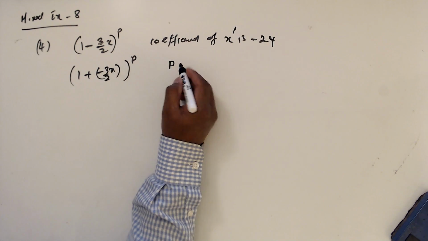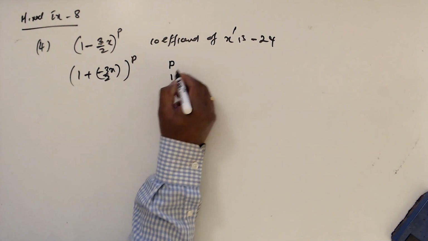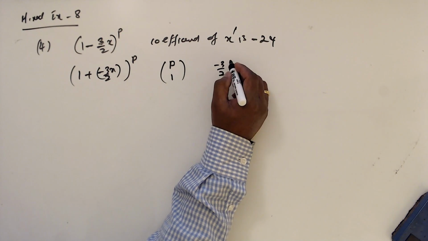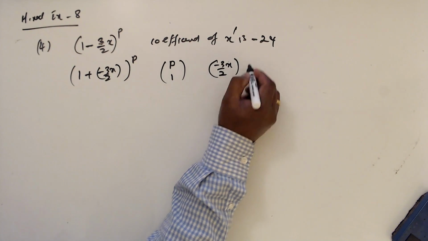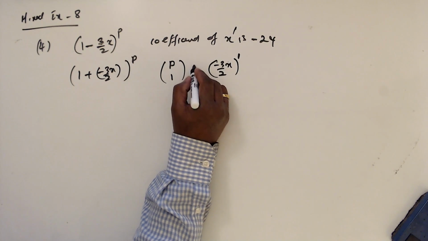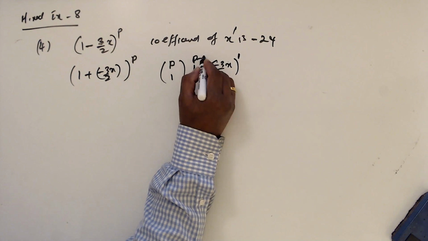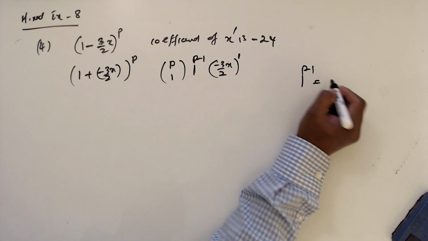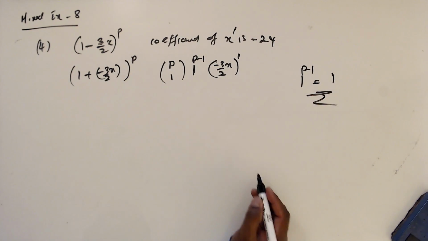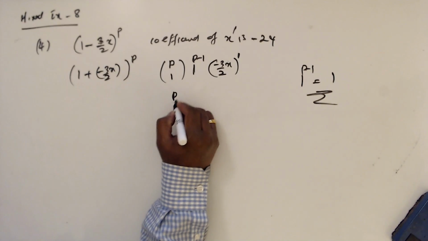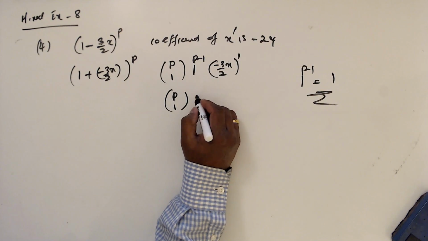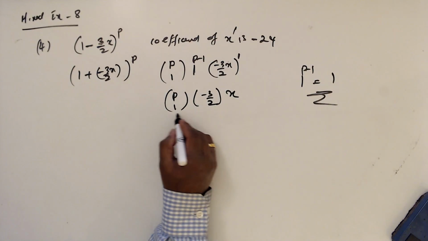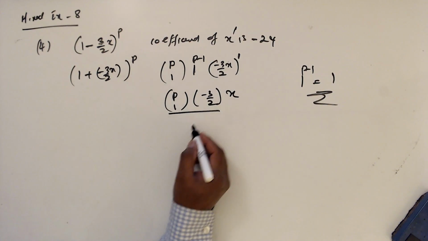So p choose 1 times minus 3 over 2 x. So this value is minus 24.